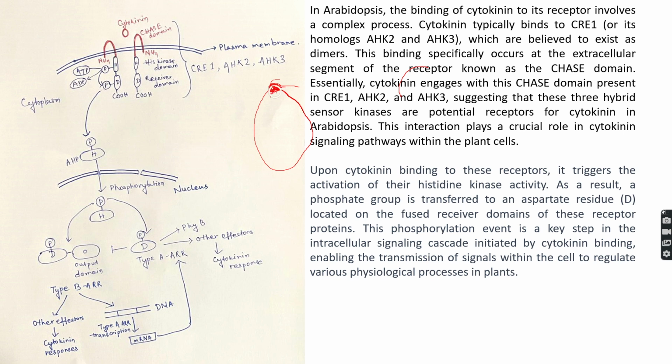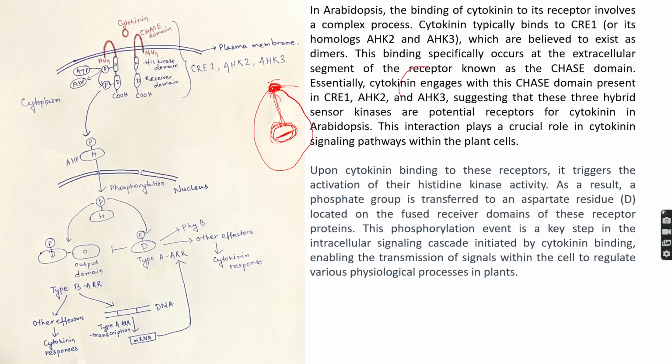That receptor will receive the signal and propagate it through the cell or cytoplasm, and then it will enter the nucleus and necessary changes can be made in the DNA. Okay, this is the process.